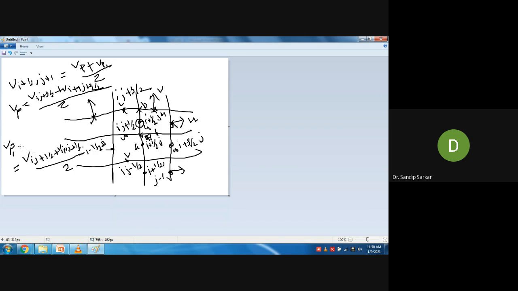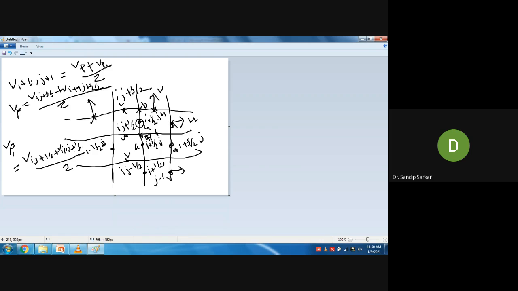So you know vp, you know vp1, you can calculate v i plus half j plus 1. Clear to everybody? Very simple interpolation. Just by common sense you can do it. Any doubt? Let me know if you have any doubt.